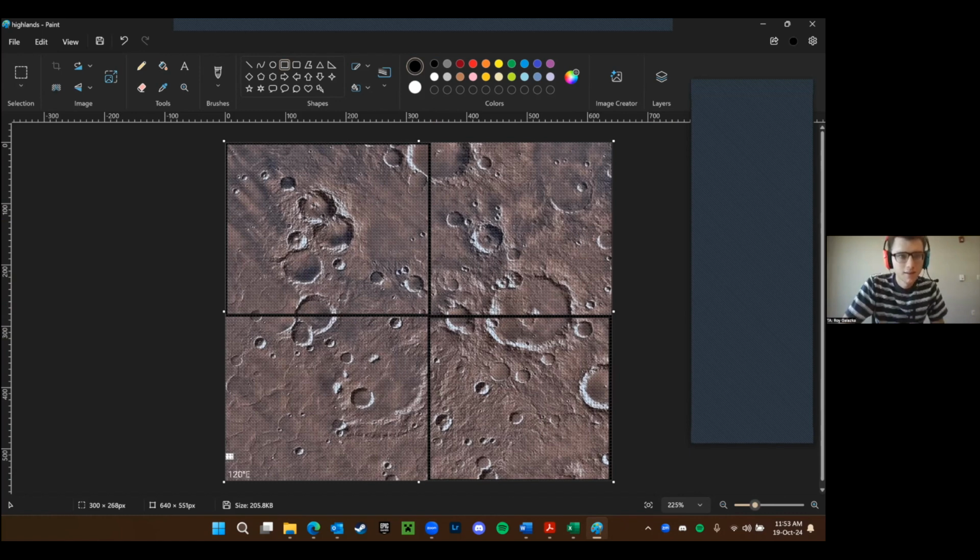For example, I'm looking at the upper left quadrant. I see 1, 2, 3, 4 craters that are about the same size. So I think it's okay to eyeball them. And if you measure one, you can just approximate that the others are in the same category. Oh, yeah, absolutely. That'll speed things up a little bit.